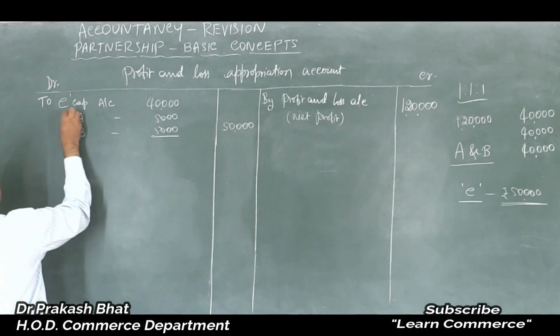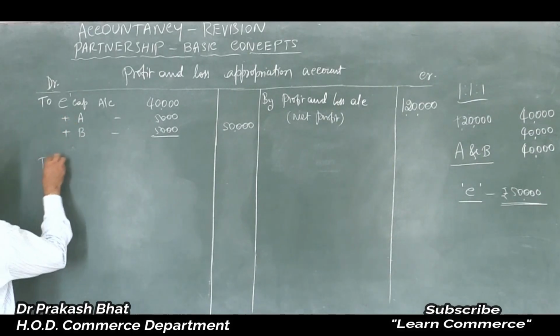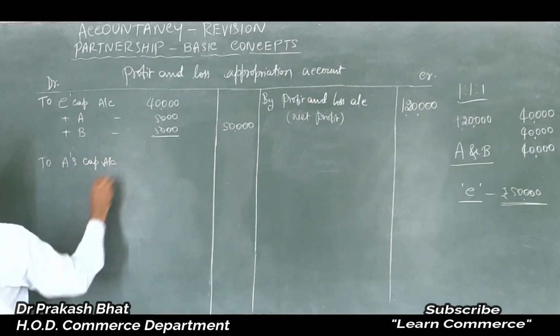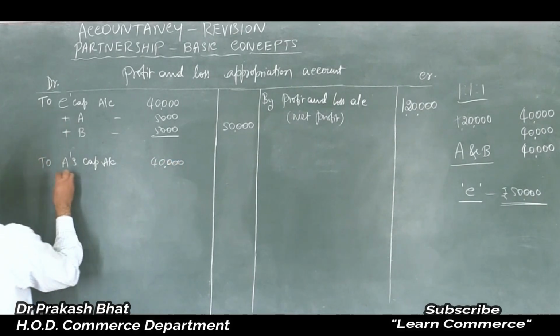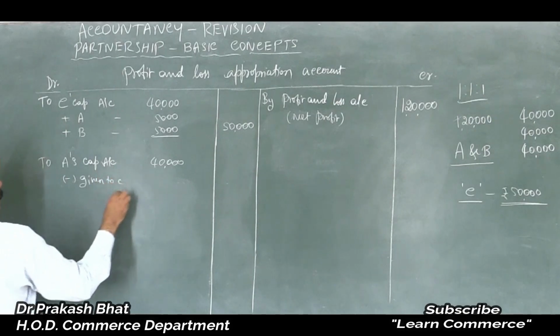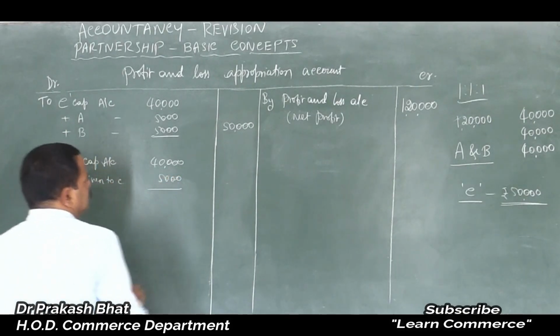This is plus. And to A's capital account, 40,000 minus 5,000 given to C, that is 35,000.